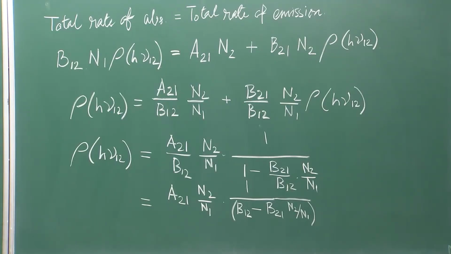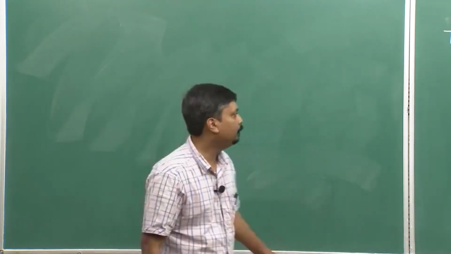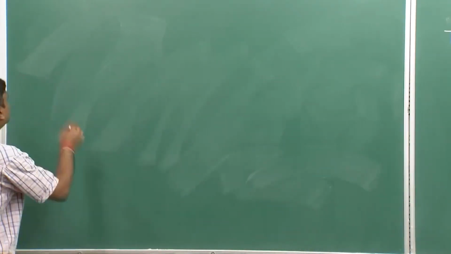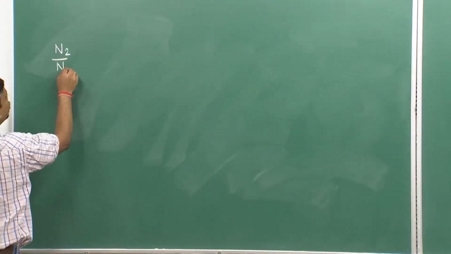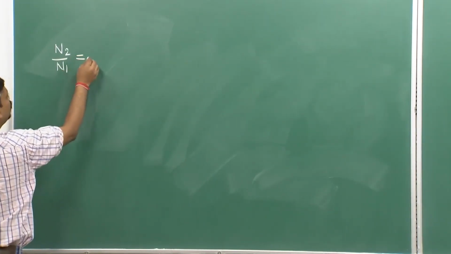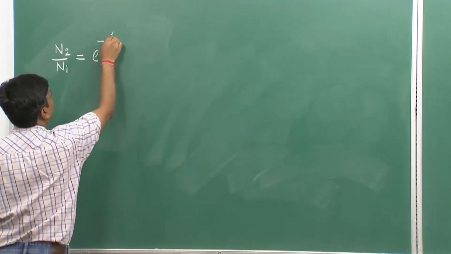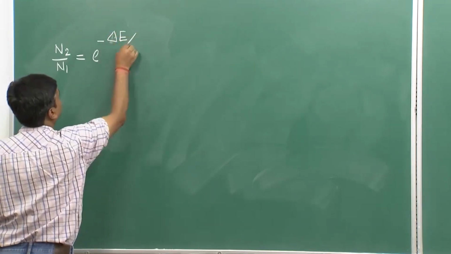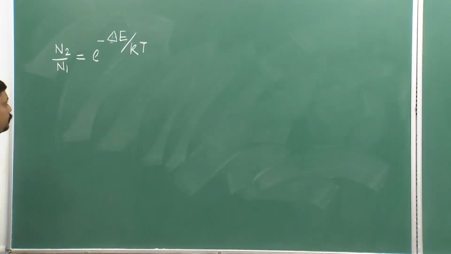If I know the Boltzmann distribution of partitioning the number of atoms in different energy levels, then for our two level system that we just discussed, N2 by N1 is equal to e to the power minus delta E by kT, where k is the Boltzmann constant.